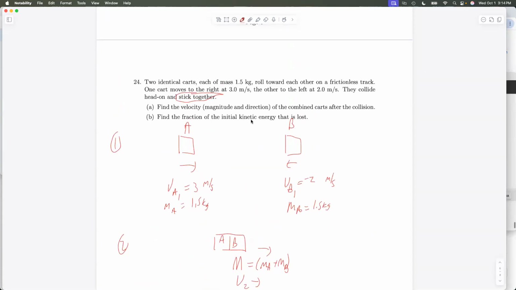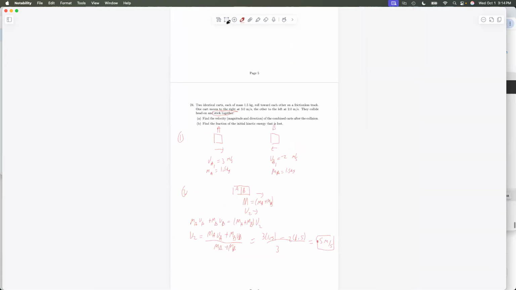All right, then the fraction of the initial kinetic energy that's lost. Here we're going to have to do some calculations. I might make this a little bit smaller so that I got more space.